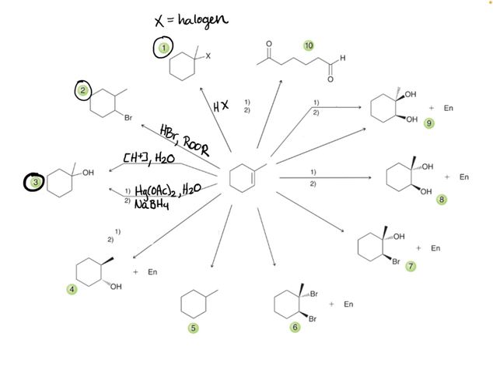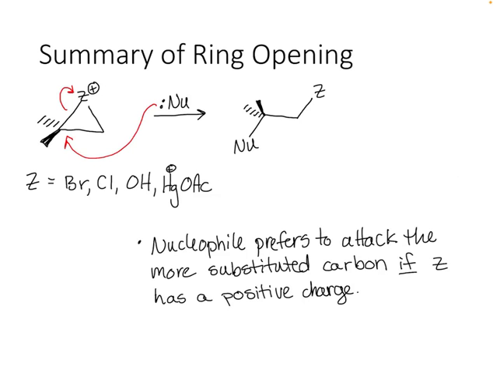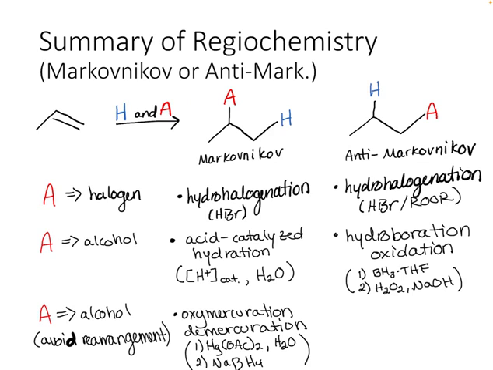Okay, now for number 4, it looks like I'm adding an alcohol group to the less substituted carbon on the double bond, and we're forming an enantiomer. Okay, so how can we do that? So I'm going to go back to my chart, and let's see, I want to add an alcohol to the less substituted side, so anti-Markovnikov, and it looks like the only way to do that is with hydroboration oxidation.